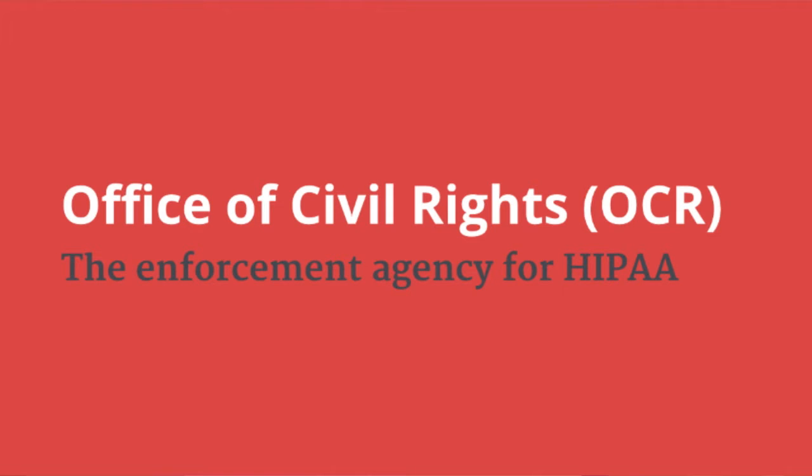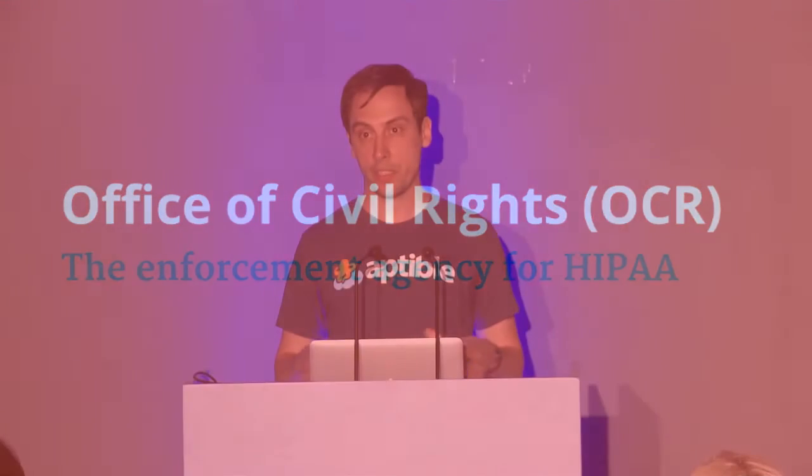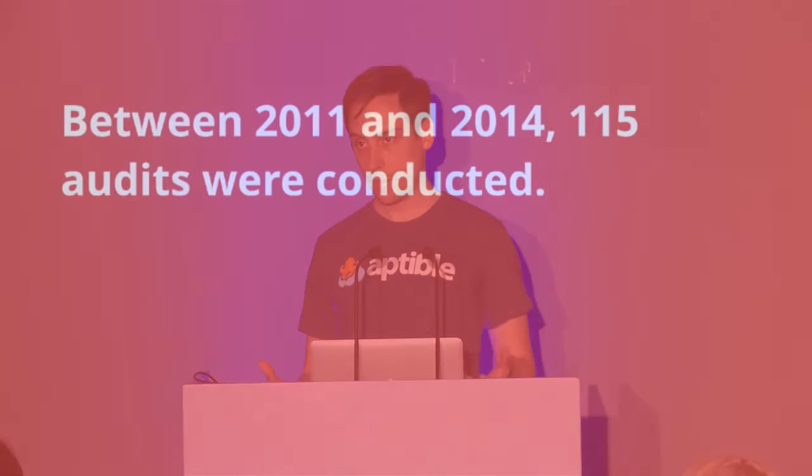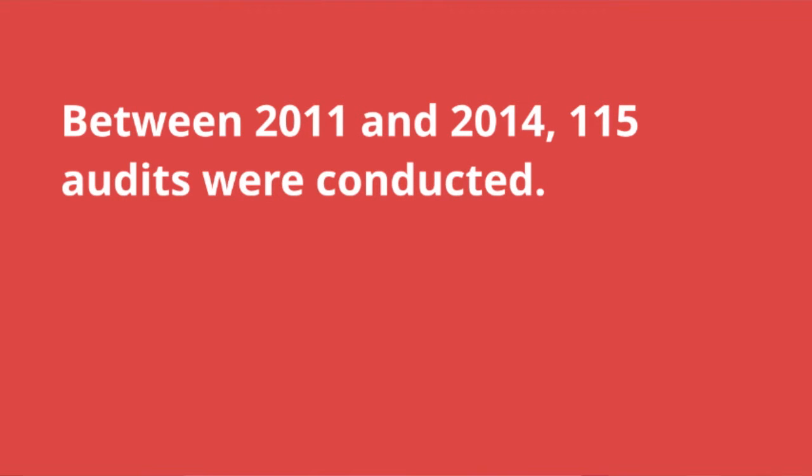There is a stick and a carrot as the reason for this. The stick is the Office of Civil Rights. This is the enforcement agency that conducts audits periodically and randomly to make sure that regulated companies are compliant. Between 2011 and 2014, in those 4 years, 115 audits were conducted.